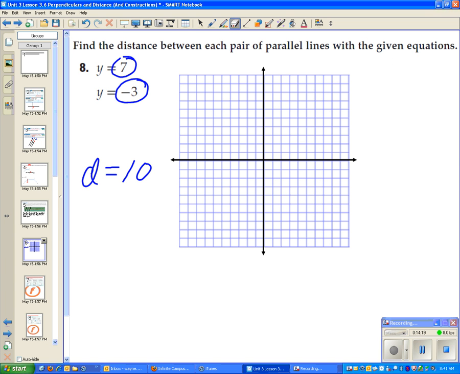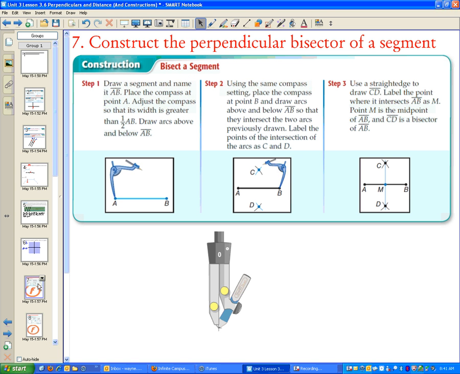Okay. Now let's get to the actual learning targets. Construct the perpendicular bisector of a segment. All right, get your compass and protractor out.